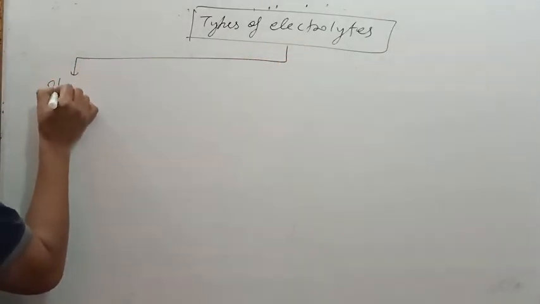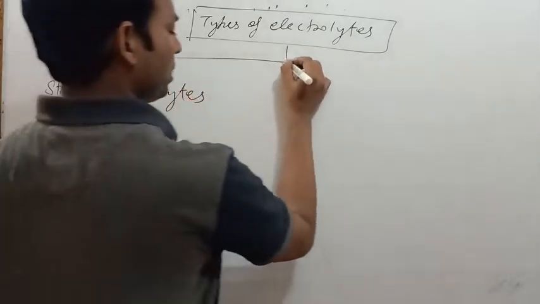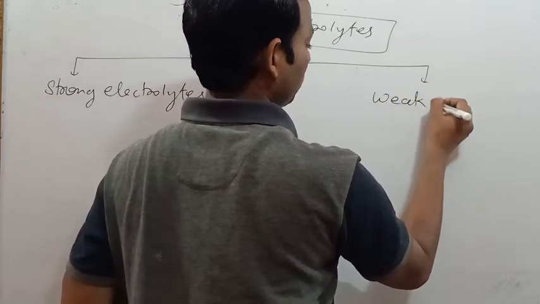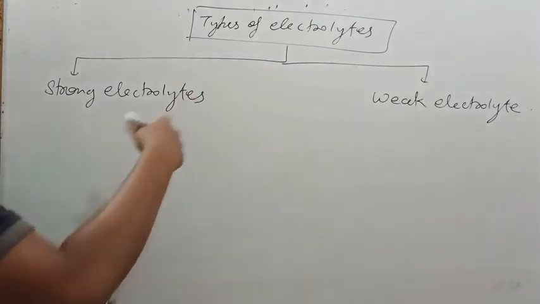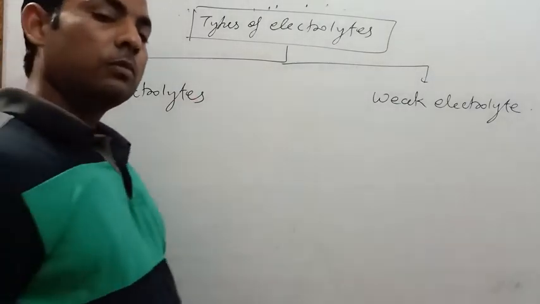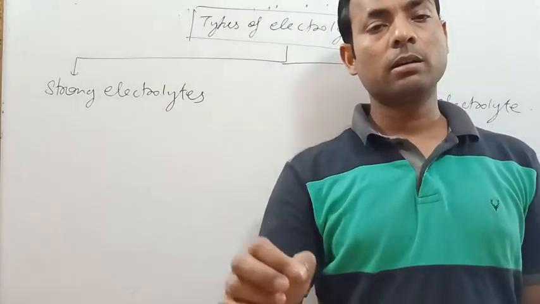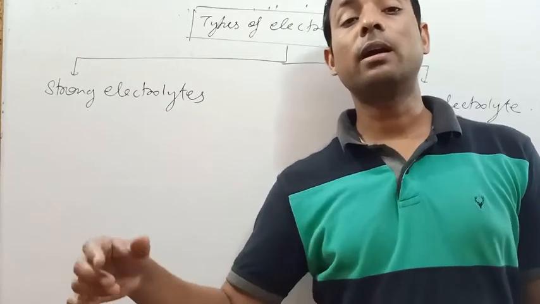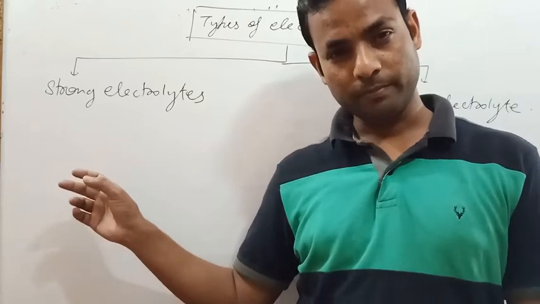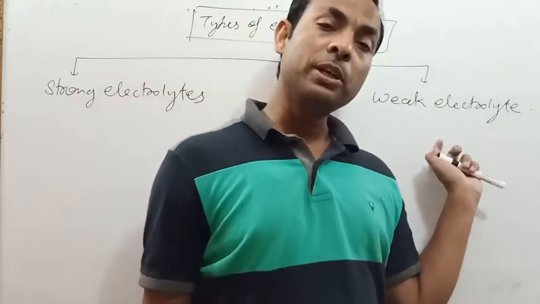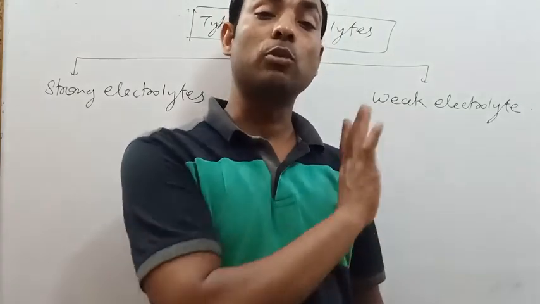The first one is the strong electrolyte and the second one is the weak electrolyte. What is the major difference between them? Generally, strong electrolytes are electrolytes which completely, 100%, dissociate or ionize in aqueous solution. But a weak electrolyte only partially dissociates or ionizes in aqueous form.